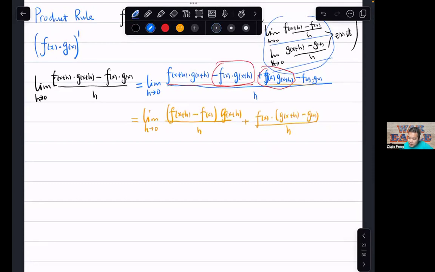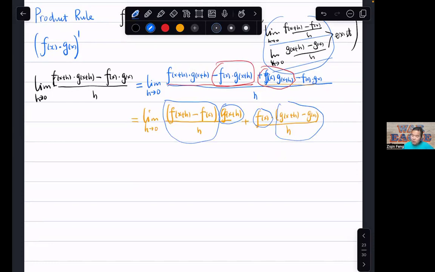We know the limit of this quotient exists, which is f prime. We know the limit of this quotient exists, which is g prime. We know the limit of this is g of x, because as h goes to 0, differentiable implies continuous, so just plug in 0, that works.